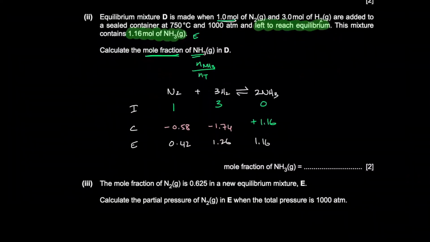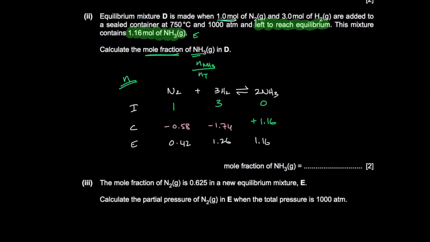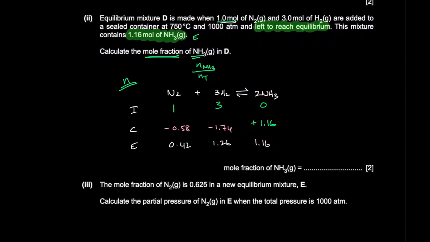So those are your moles. I've done all the calculation in moles. Again, you can use concentrations directly if concentrations are given, okay? Either way is fine. You can also use moles of ammonia to calculate this. It'll just be 3/2 times 1.16. It's the same thing. It'll give you 1.74. And then your moles of ammonia is 1.16.